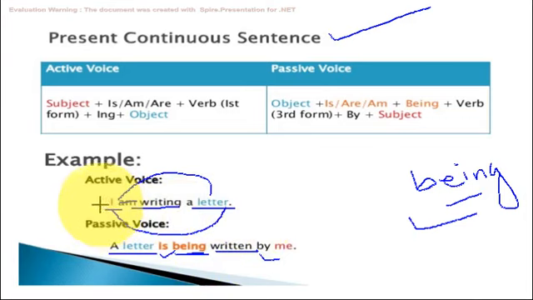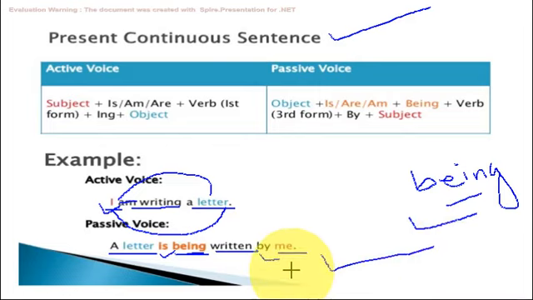Now while putting the subject I in the place of the object, we should change its case. I hope you know the cases in English: nominative case, objective case, possessive case, etc. Now here we have to put it in the objective case, so I became me. Now your sentence is ready.